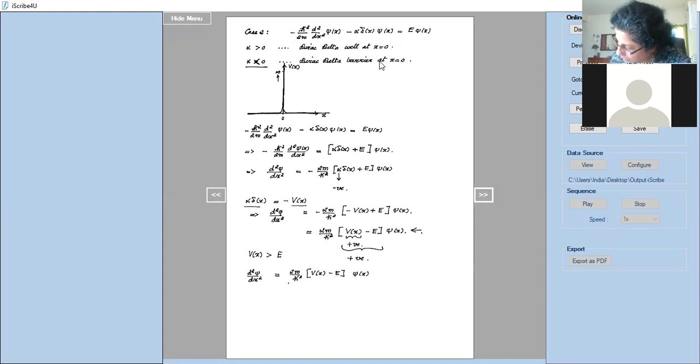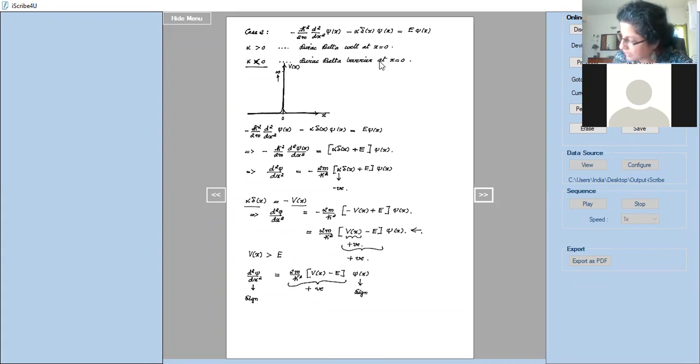Now this whole factor, what we realize, is positive. It's always positive, right? Which now means that this will have the sign of psi.